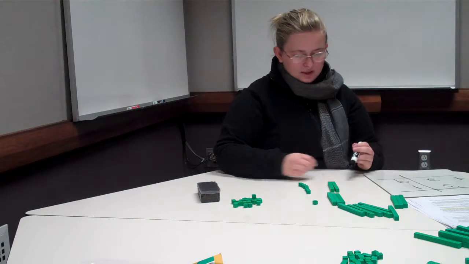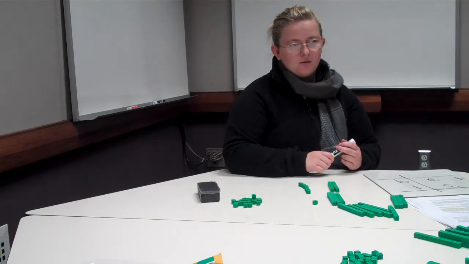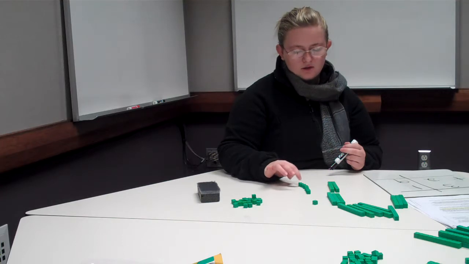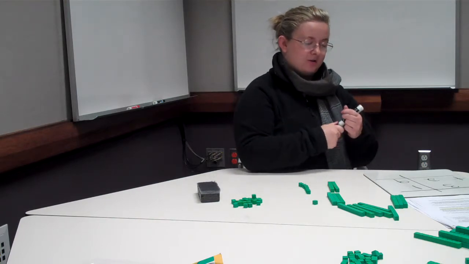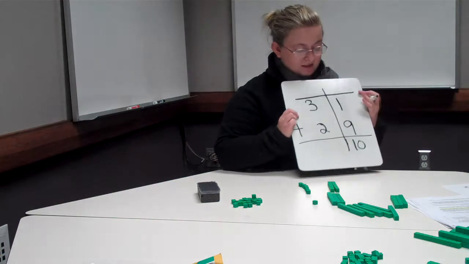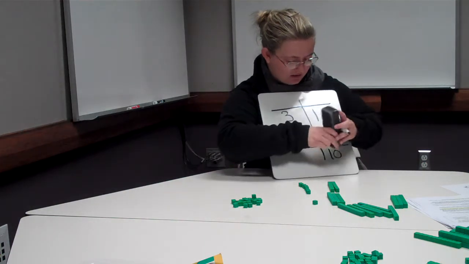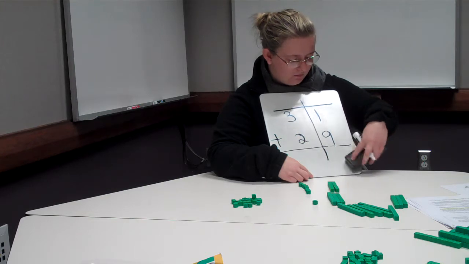Alright, so we're going to add 9 plus 1. What is that? We have 9, 1, 2, 3, 4, 5, 6, 7, 8, 9, 10. So I don't write it this way, do I? No, because that would be incorrect. So I drop the 1. And what do I do with that 1 because it's bigger?